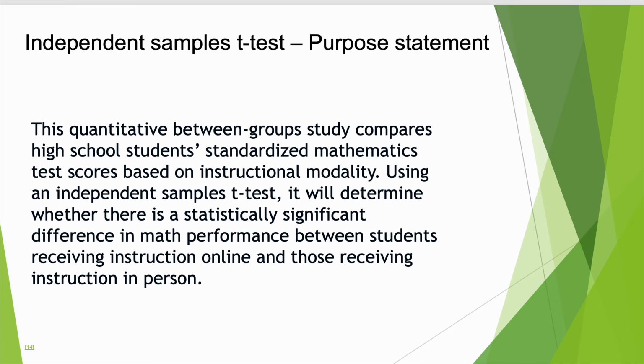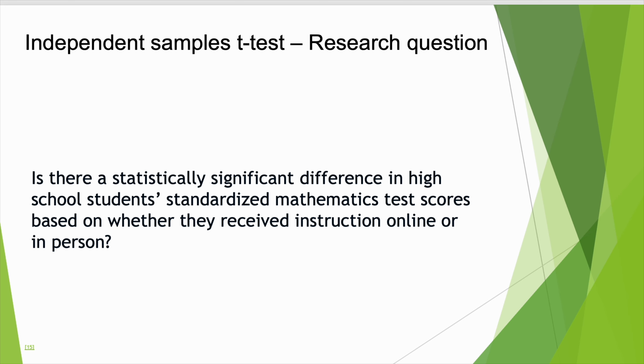And so our purpose statement, if we were choosing this type of study, is we would say this quantitative between group study compares high school student standardized math test scores based on their instructional modality. And then you would have that second sentence there. And our research question looks a lot like the paired samples, but you're not going to see that repeated pretest, post-test mentioned.